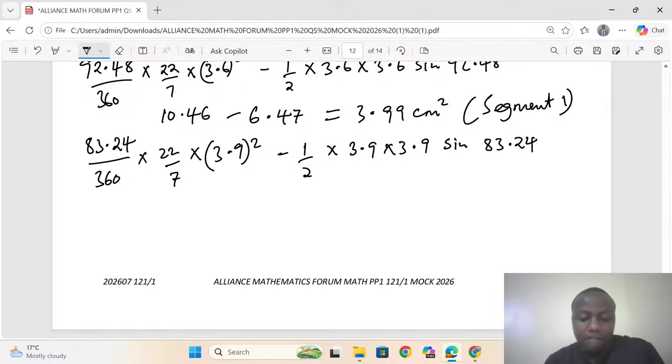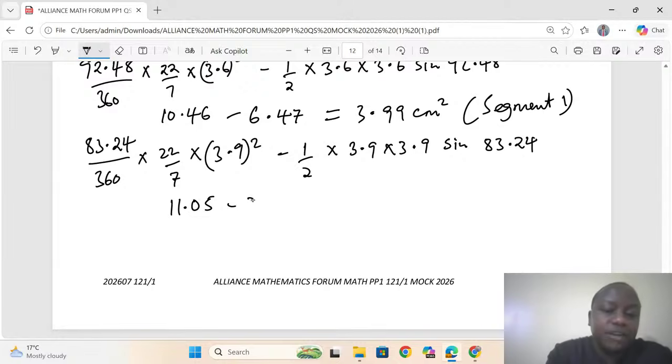83.24 over 360 multiplied by 22 over 7 multiplied by 3.9 squared. This is giving us 11.05, minus the triangle inside this now. 0.5 times 3.9 squared sine of 83.24.